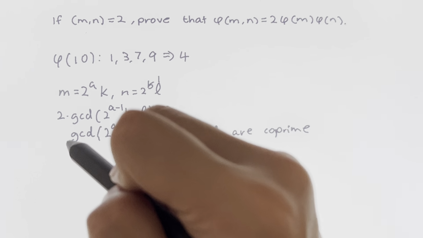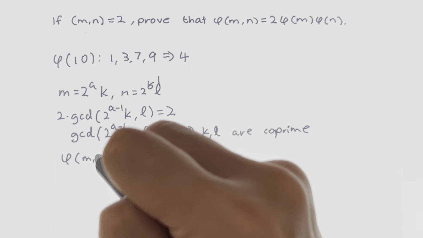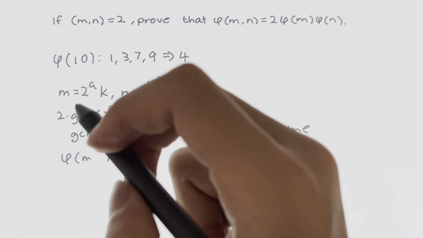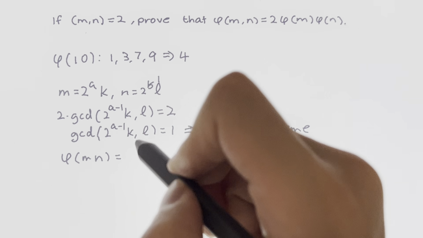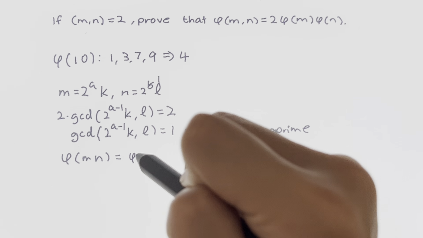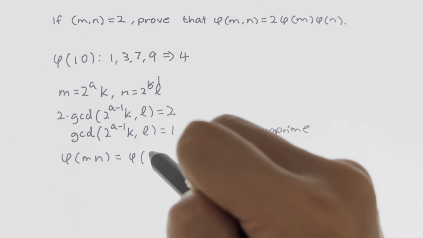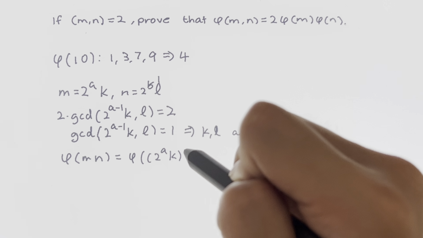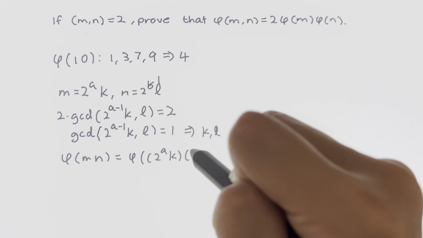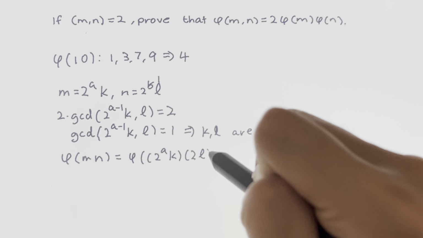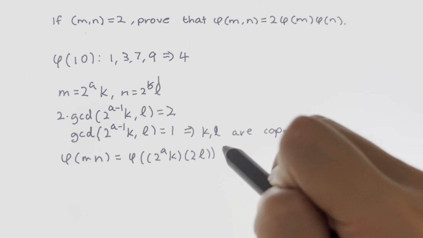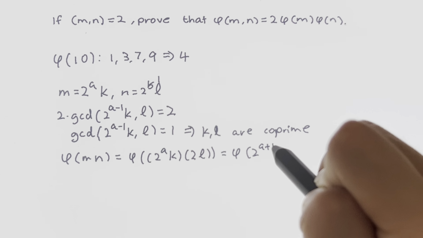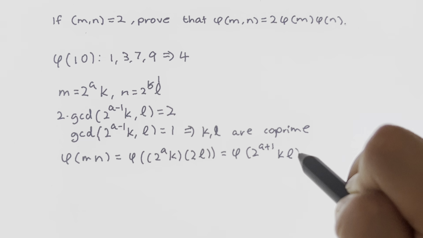The Euler's totient of mn equals the Euler's totient of 2 to the power of a times k times 2l, which equals the Euler's totient of 2 to the power of a plus 1 times k times l.